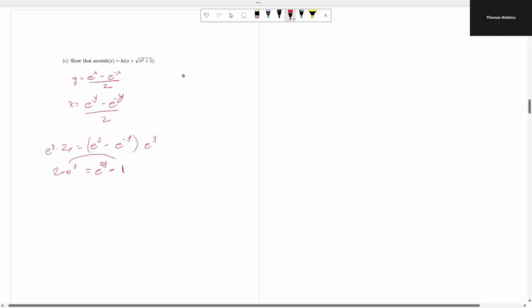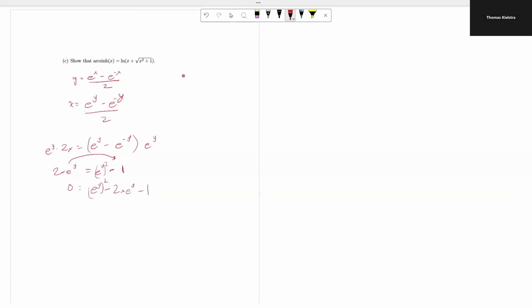I'm now going to bring this over, giving me 0 equals e to the y squared minus 2x e to the y minus 1. Now, e to the 2y is the same as e to the y squared.